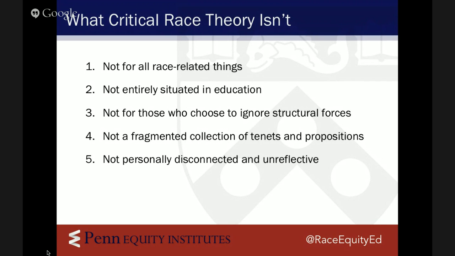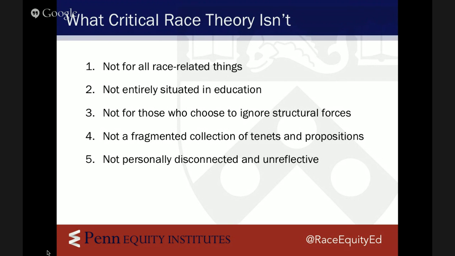It's not for folks who want to slip into deficit-minded cultural interpretations of things like poverty or underachievement and underperformance among students of color in schools and so on. A real careful critical race analysis will attribute rightly the patterns of performance that we see to structural determinants of opportunity.